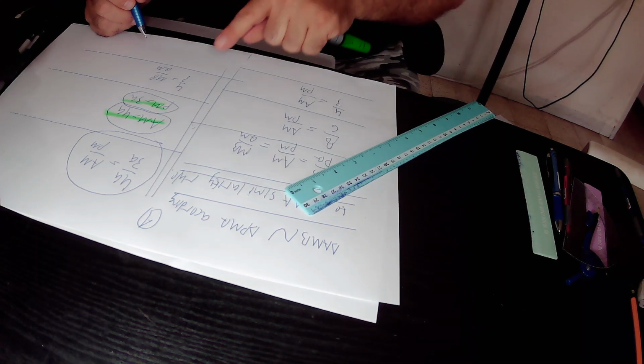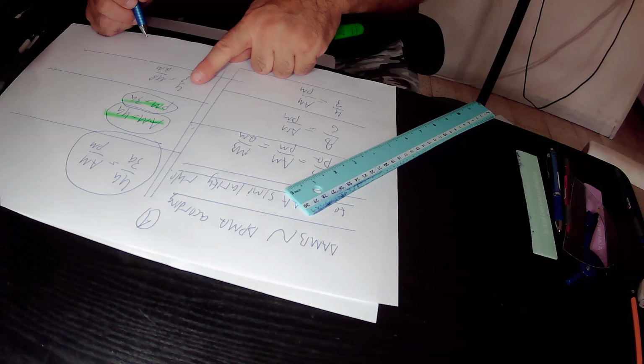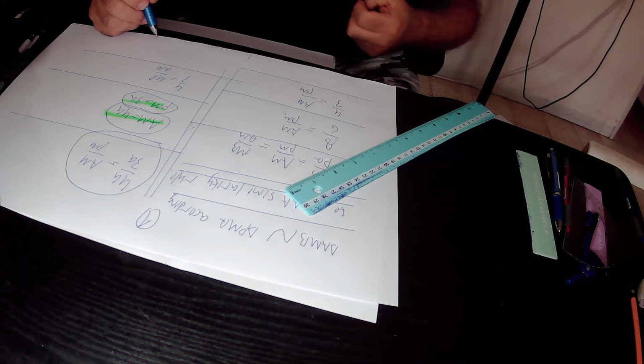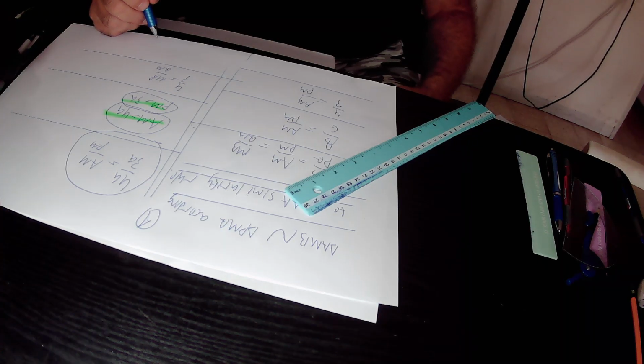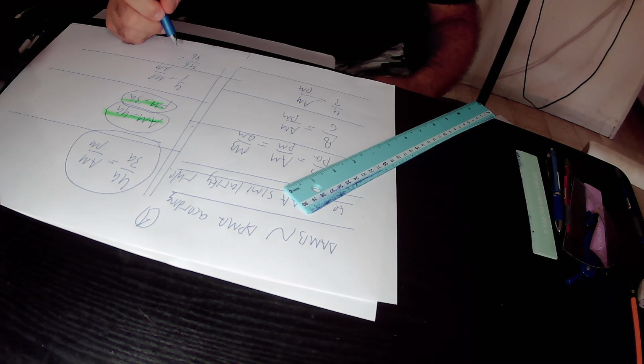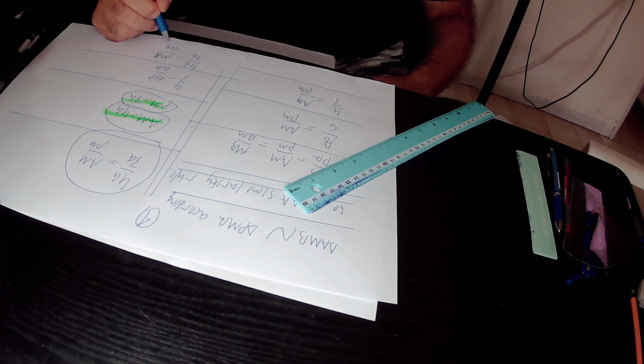Here we will multiply both the numerator and the denominator by B. Again, B over B is 1, therefore it is allowable to multiply anything by 1. We will not change the value of the expression by multiplying by 1. So 4B over 3B equals MB over QM.